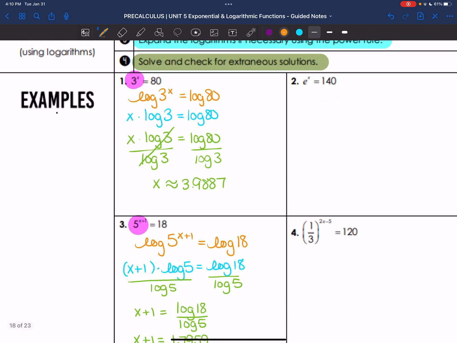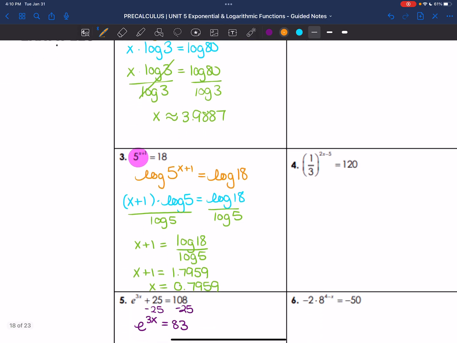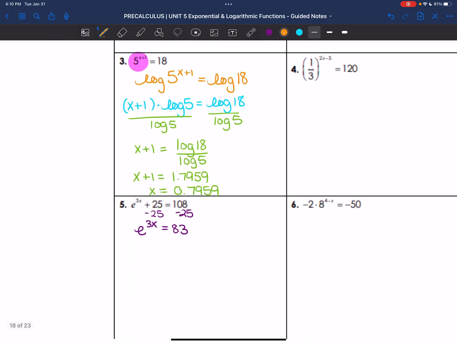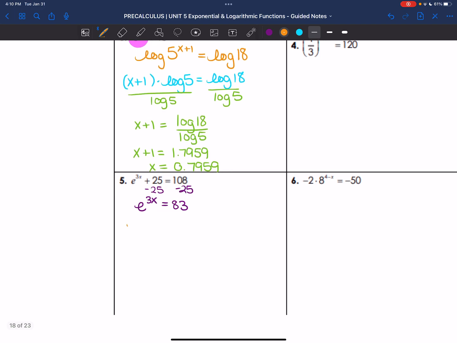Now we're ready to move on and go ahead and take the logarithm of each side. That looks like log of e to the 3x equaling log of 83.